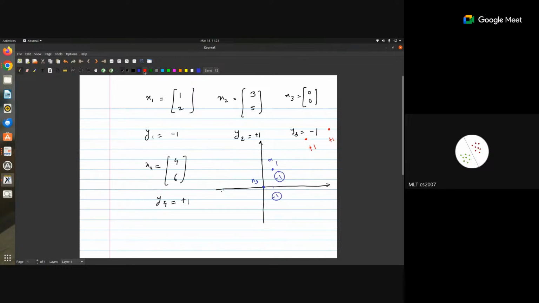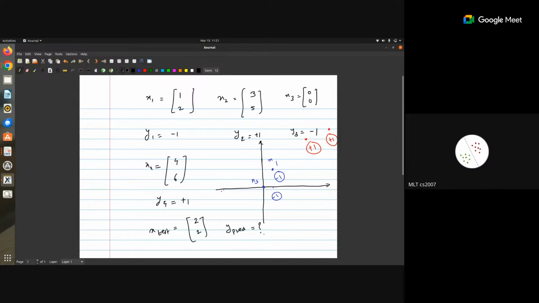This is your training set, so this information you already know. Now suppose you are given a new test point, say x test is 2, 2. I want to find the prediction for y.